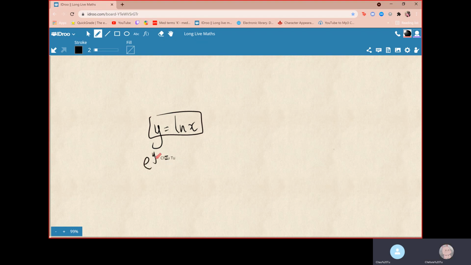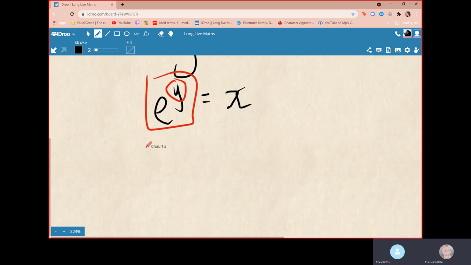When you exponentiate the right-hand side, it's actually e to the power of natural log of x, and these two cancel each other out, leaving you x. Now you can use implicit differentiation. So differentiate the left-hand side. What does that give us?